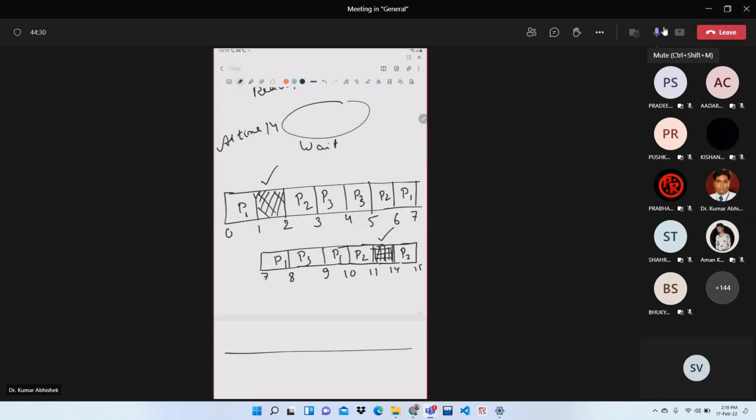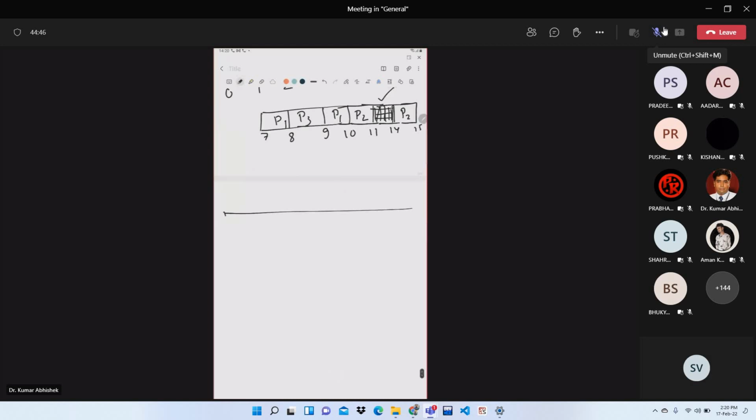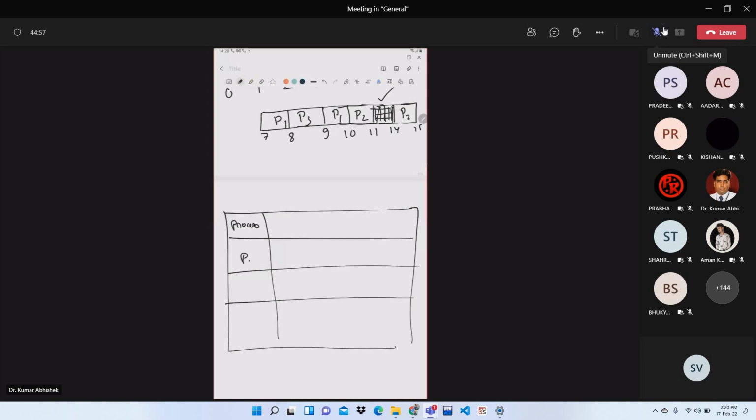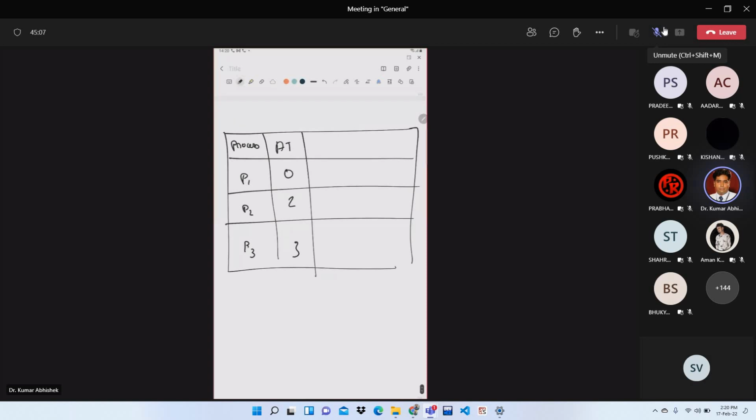So this is my Gantt chart. My whole time is 0 to 3.